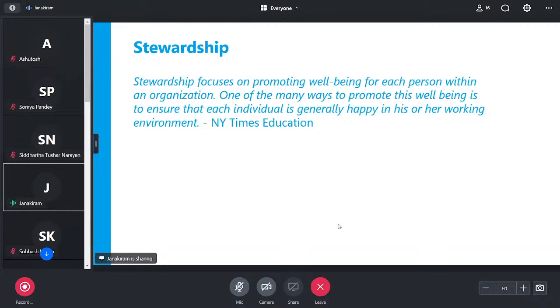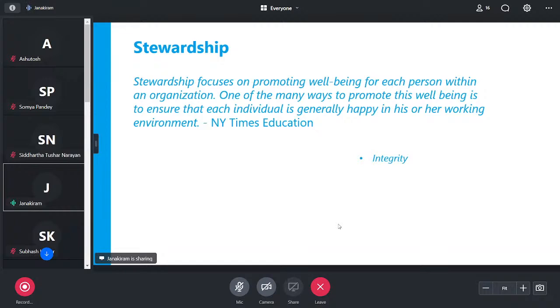So similar to a steward in a flight, a project manager has to moderate how the project goes and make sure that in spite of different circumstances that the project goes through, everybody is comfortable in trying to achieve the goal for the project. It takes a couple of characteristics for a project manager to do that. The first one is integrity. If I have to put it in simple words, follow what you preach.